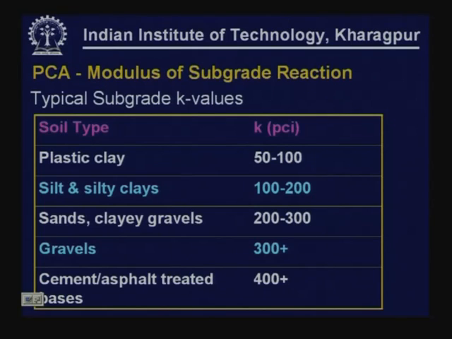For cement or asphalt treated bases it can be more than 400. Sands and clays gravels 200 to 300, silt and silty clays 100 to 200. This is just an approximate idea of what could be the modulus of subgrade reaction value of different types of soils.